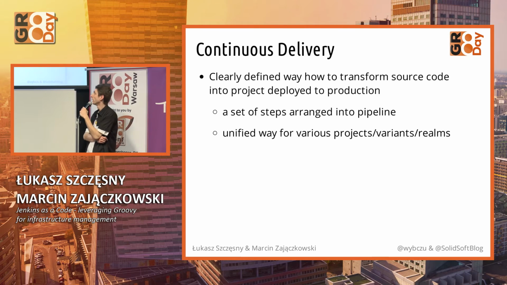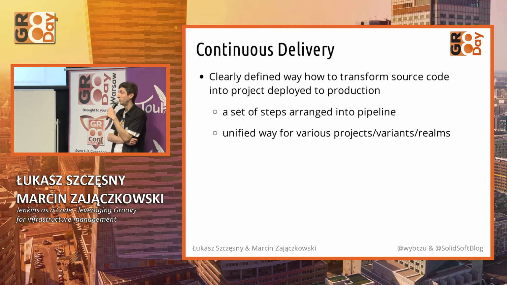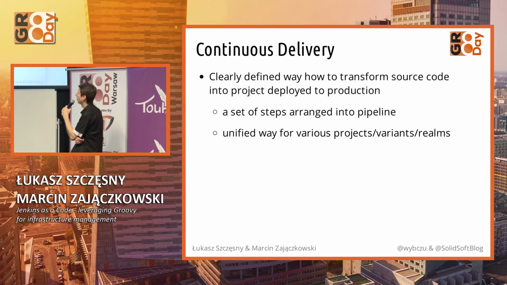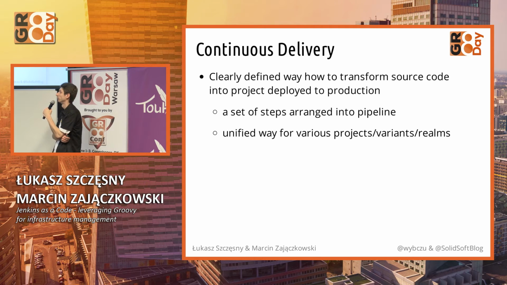Okay, 1/3. And continuous delivery, in simplification, is a clear way of transforming source code into the application running in production. Usually there is a bunch of steps, and the process of transforming that source code should be unified for all projects within an organization.